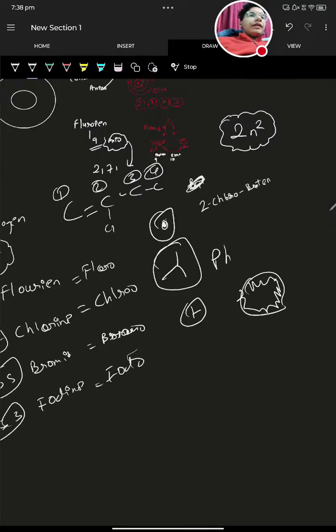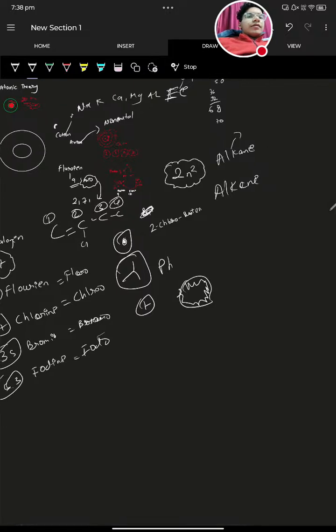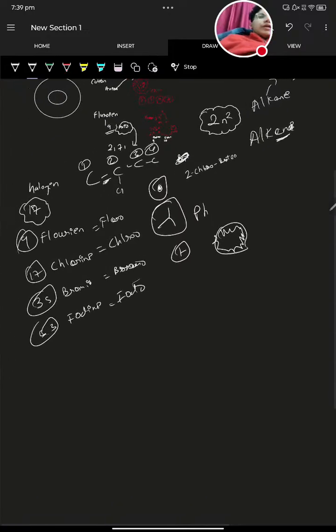We don't write ene. When we talk about alkene we write it like that, while we write alkane like this. If this was not a double bond, we would have written 2-chlorobutane, with ane, whereas here we write en. I don't get that.